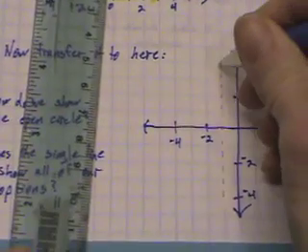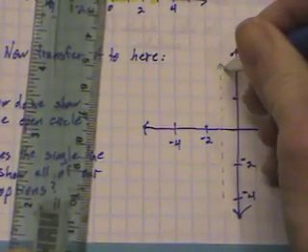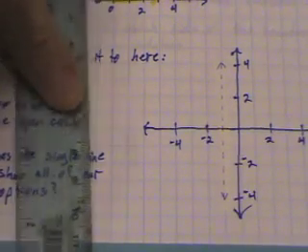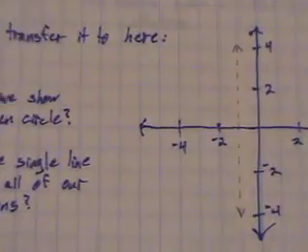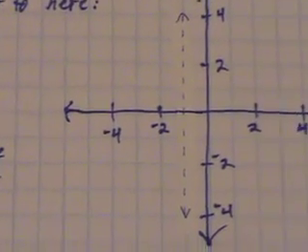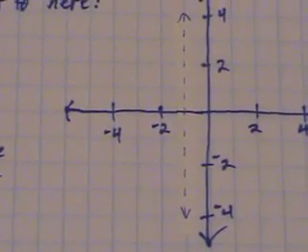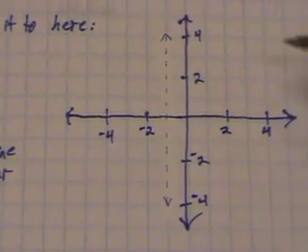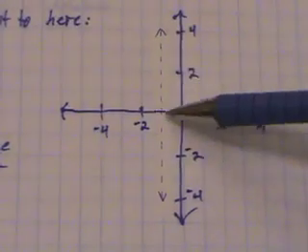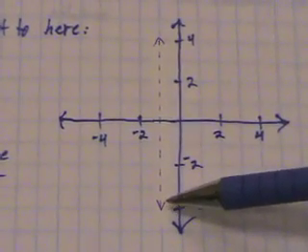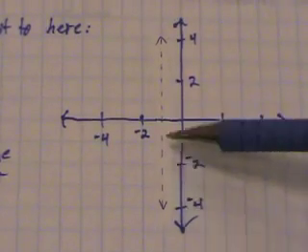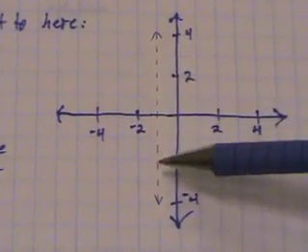Look at that. Isn't that pretty? Okay, so I have created what's called a boundary line. x equal to negative 1 is right here.